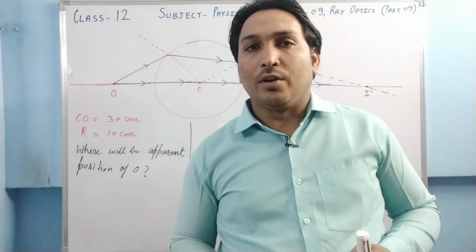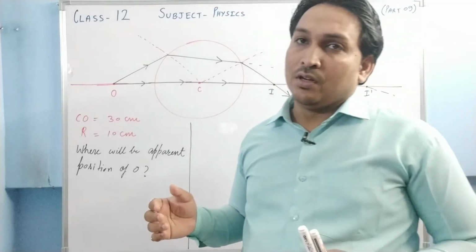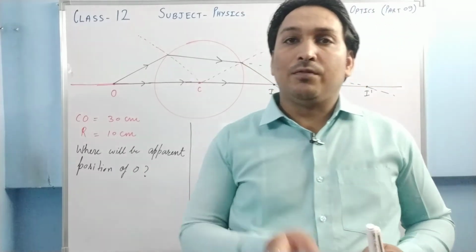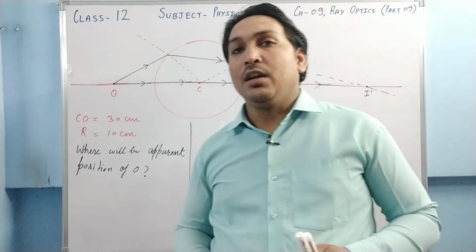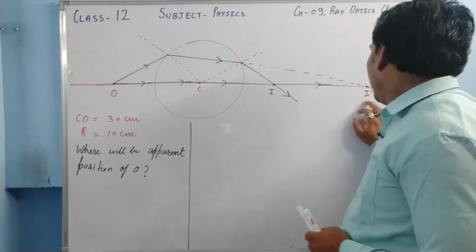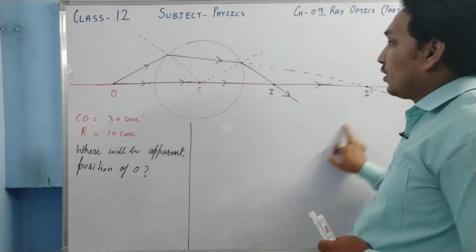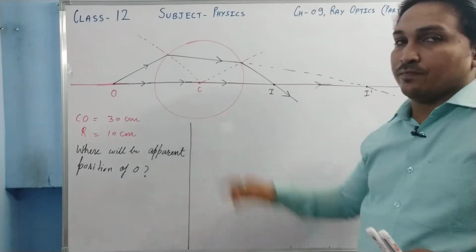This is the key point, and it will be with us till the end of the chapter. The image formed by the first surface will act as an object for the second surface. So basically this I dash is going to act as an object for this refraction.